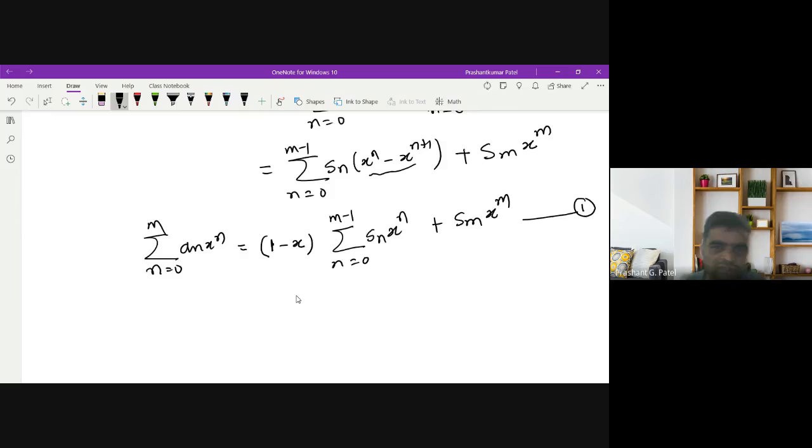Now as we know, this Sm is bounded. Why? Because it is convergent. So it is convergent, so it will be bounded. And this x power m, as your x is between minus 1 and 1, because the radius of convergence is 1. So it is between minus 1 and 1. So what can we say about the limit of this quantity, that is Sm into x power m?